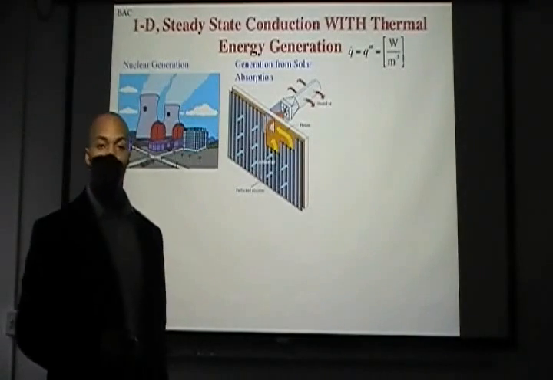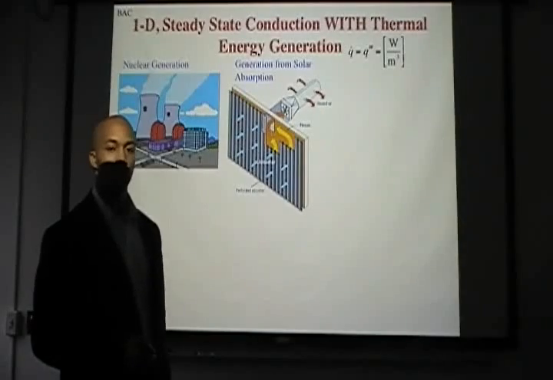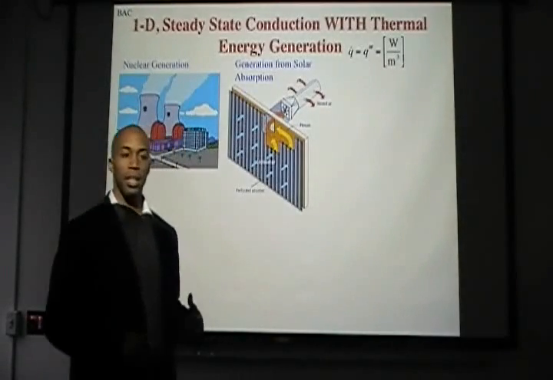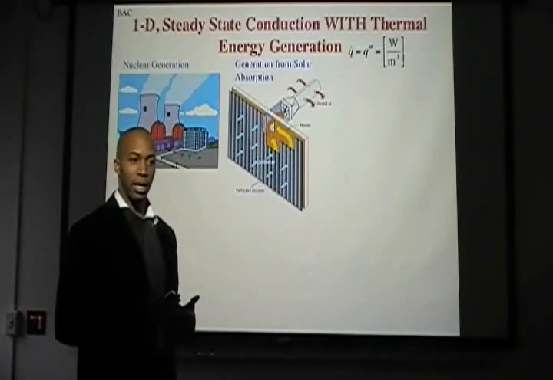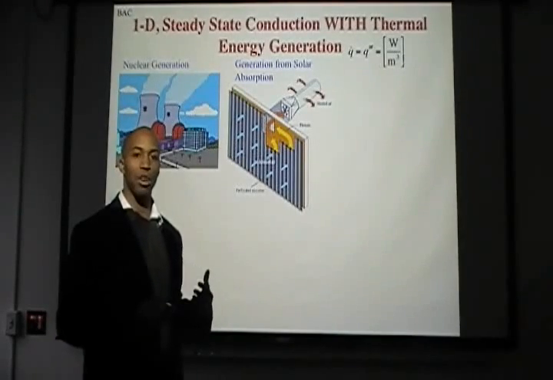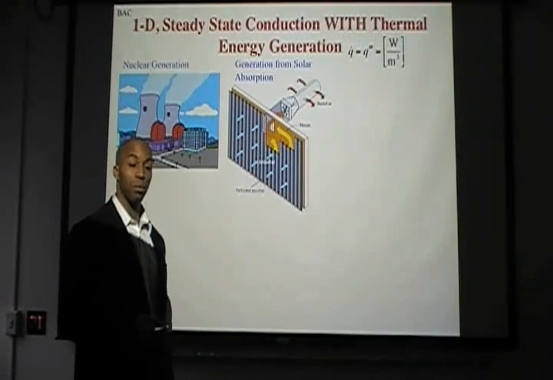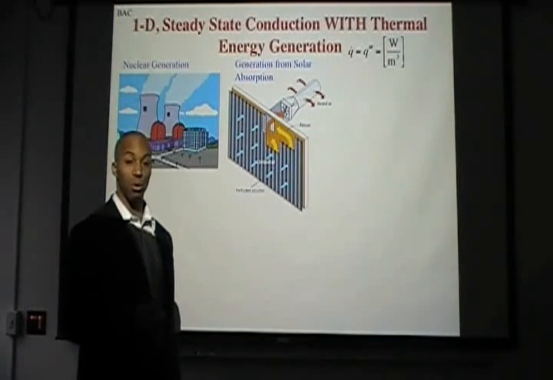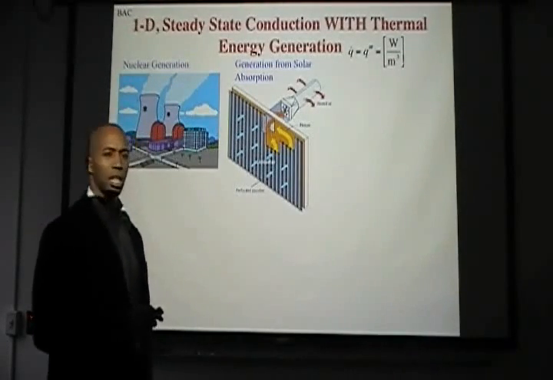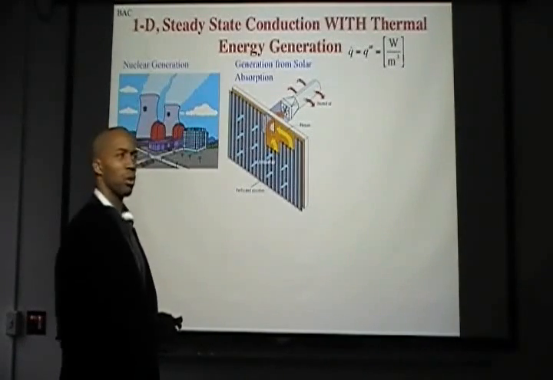Solar absorption is also an example of volumetric energy generation. So you have a solar absorber. The light not only hits the surface, but it penetrates into a material and is absorbed throughout the entire material. This can be an example of uniform or non-uniform thermal energy generation, but most likely it's going to be non-uniform because of the directional dependence of that solar flux.